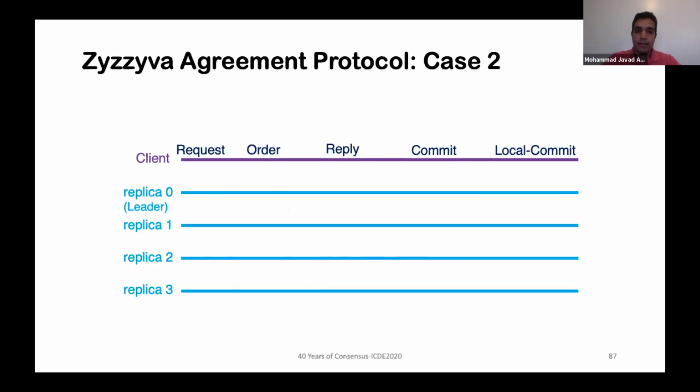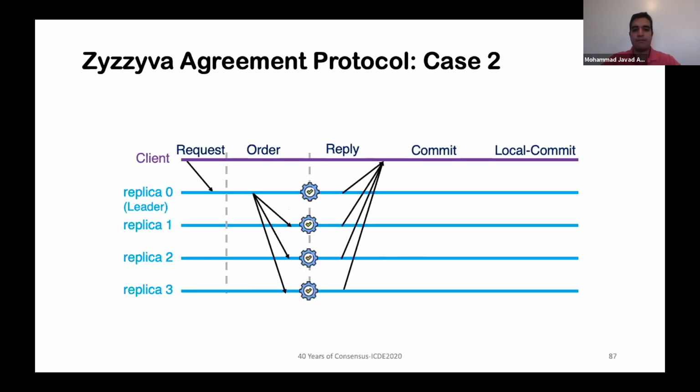The second case is, again, we have this execution and we send these replies to the client. However, the client receives only 2f+1 matching replies, or let's say less than 3f+1 but at least 2f+1 matching replies. So the client has some timer. It waits for some time to receive more replies.